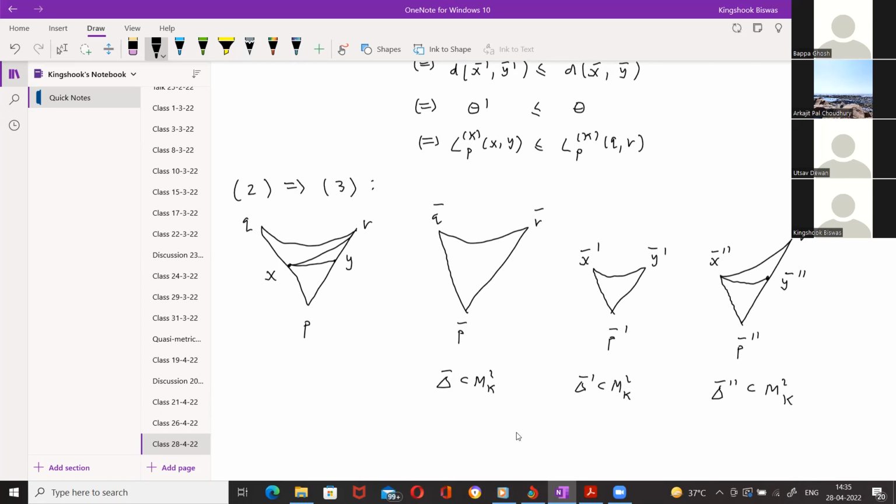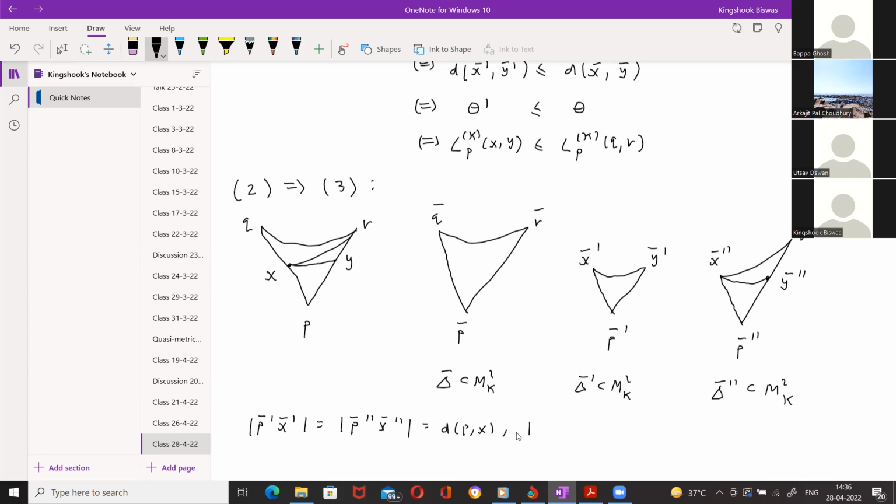Okay, so now let me compare this triangle here with this triangle here. You see P bar prime to X bar prime is the same as P bar double prime to X bar double prime, which is equal to distance Px.